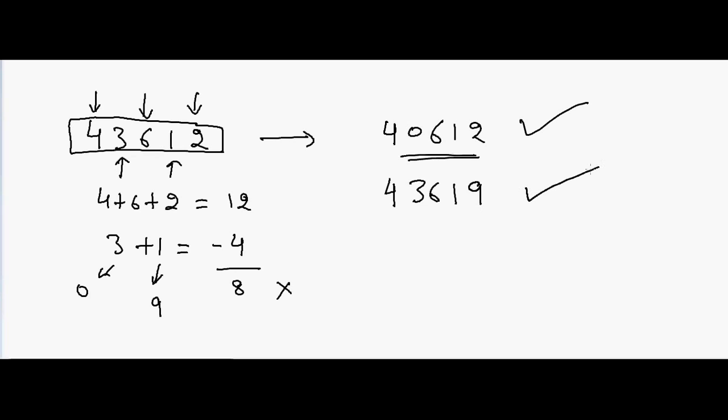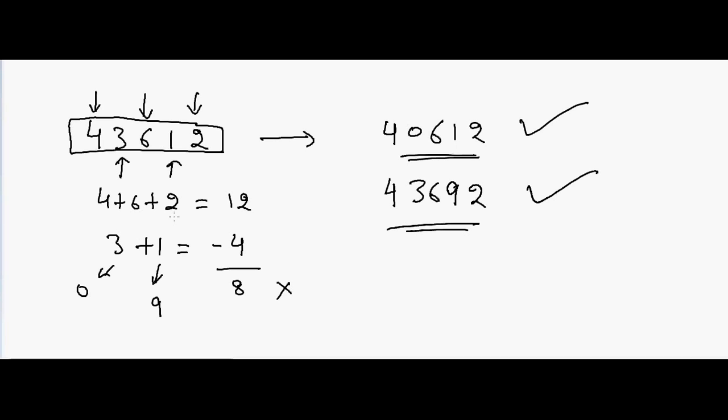So in that case, this number should be divisible by 11. Let me check: I have 9 here and 2 here. So now this number should be evenly divisible by 11.